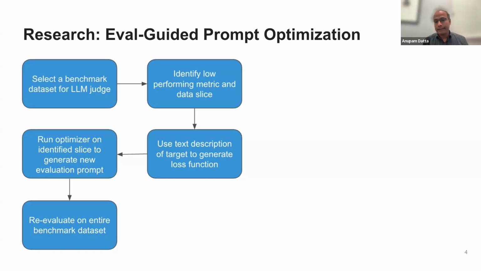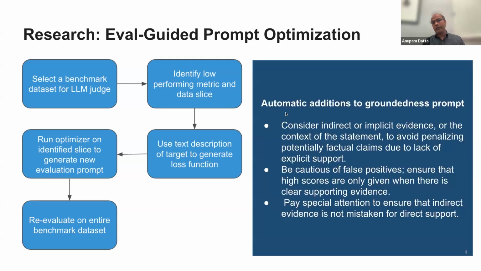And through that process, we observe two things. One, here are some concrete edits to the groundedness prompt that came out of this method. You will notice that the second bullet point here, be cautious of false positives, ensure that high scores are only given when there is clear supporting evidence, is exactly the kind of additional guidance that helps with addressing the low precision or high false positives issue that the first version of the judge had.